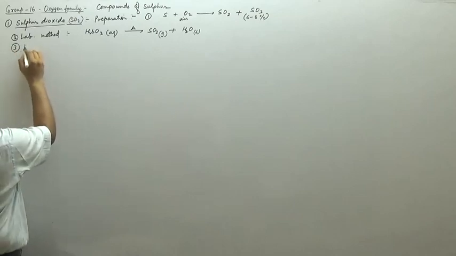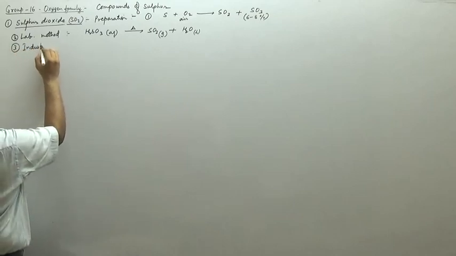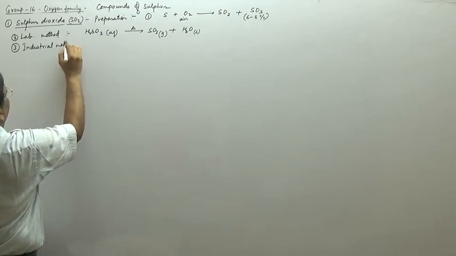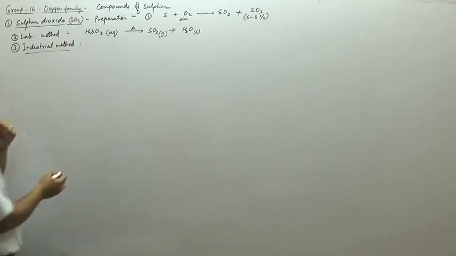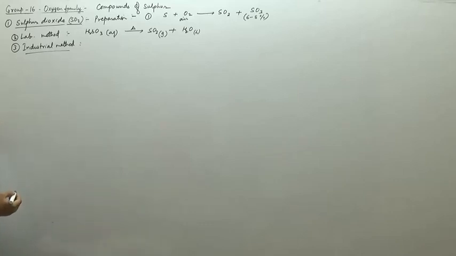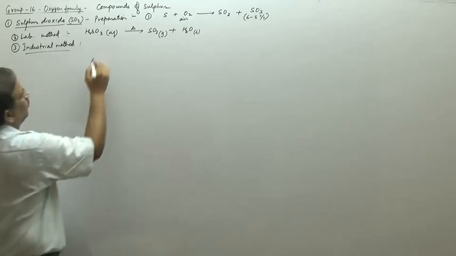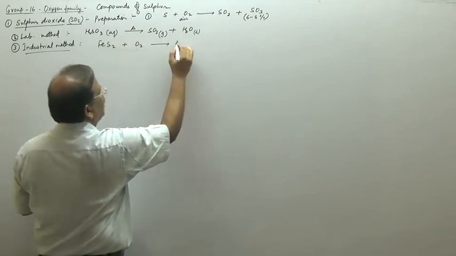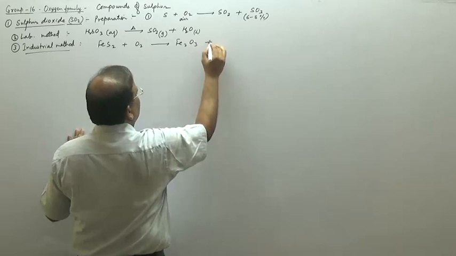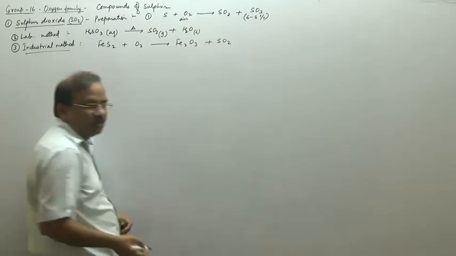The industrial method, that is the commercial method, for the preparation of SO2 is when FeS2 reacts with oxygen, it gets converted into Fe2O3 plus SO2. That is the industrial method for the preparation.